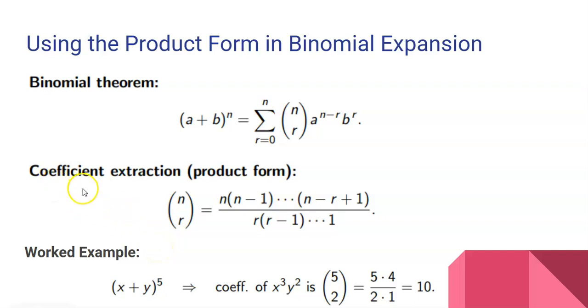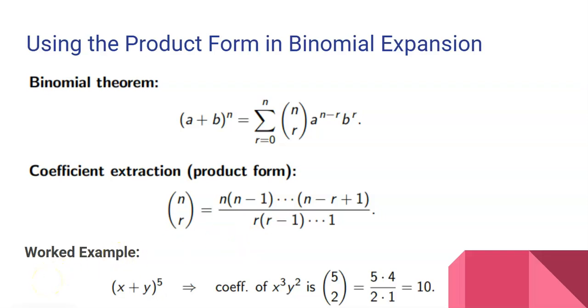So for the coefficient extraction, this is the combination operation, n choose r, and this is the product form: n times n minus 1 up to the last factor n minus r plus 1, all over r times r minus 1 up to times 1.